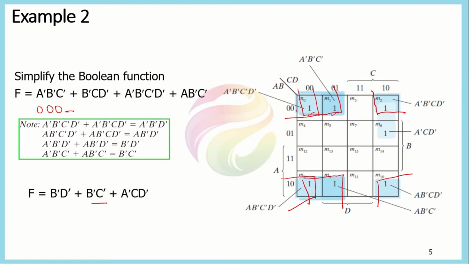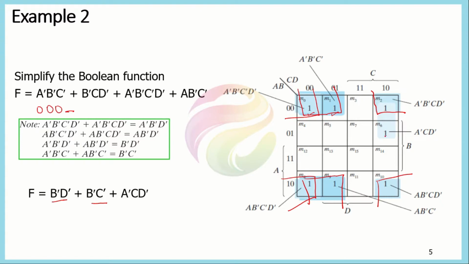For the first one, the variable which is changing here is a, so we will not consider the a, it's b complement here. And for the next one, c is changing, so we will be taking the d complement, so b complement into d complement will be the final minimized term here.